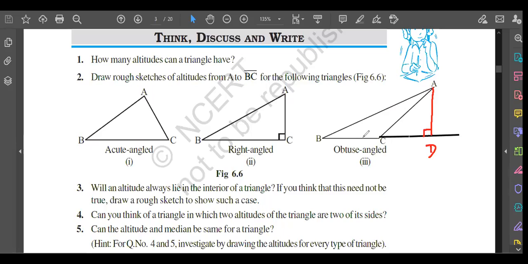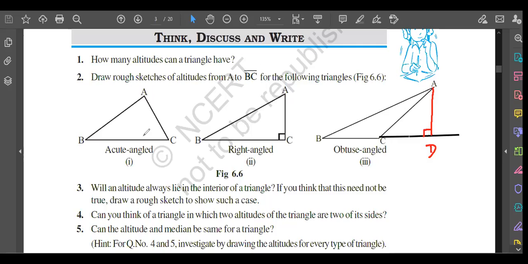So I can say that in an acute angle triangle, all the altitudes are inside the triangle, right? In case of a right angle triangle, the altitudes are the two sides. Okay.